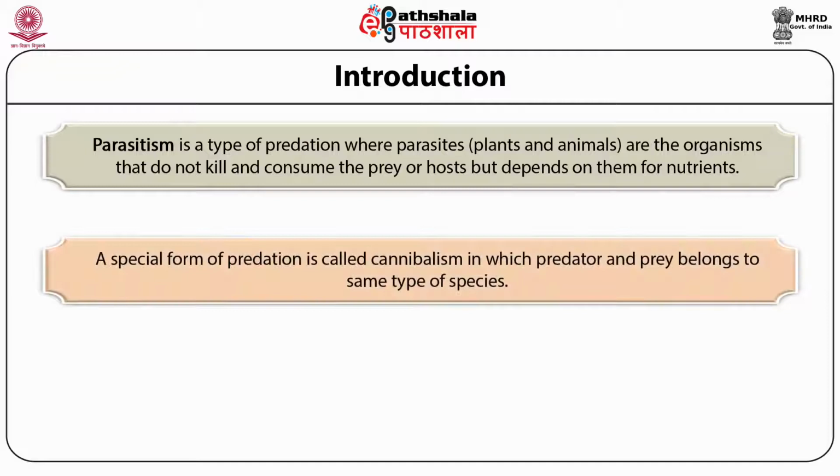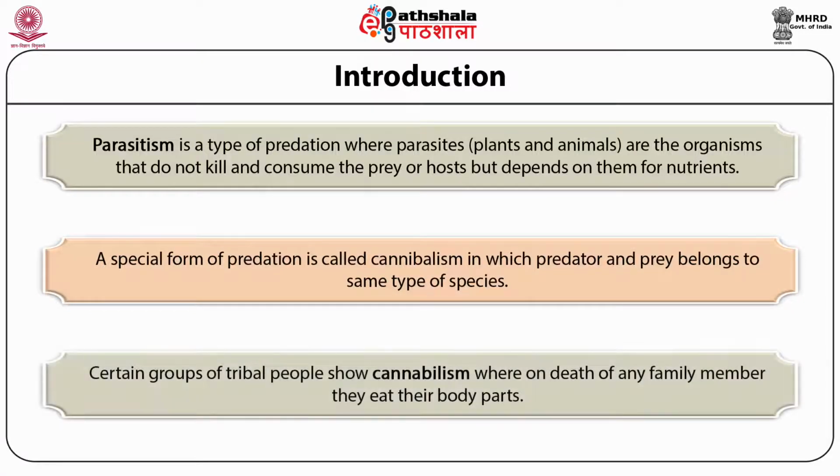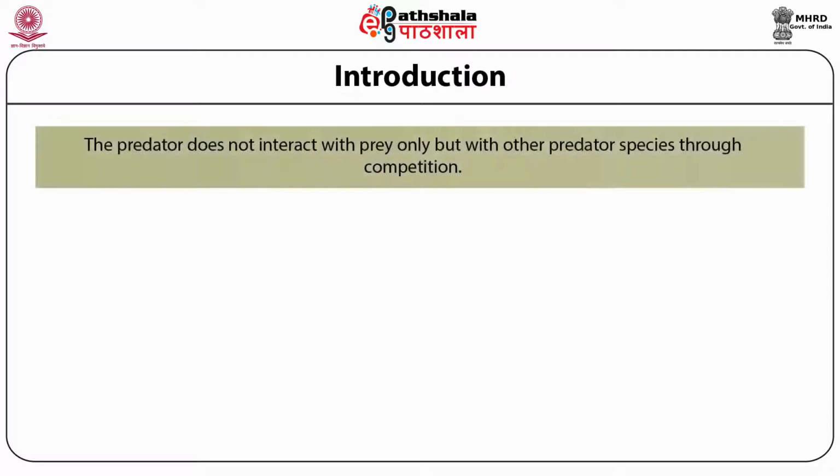A special form of predation is called cannibalism, in which predator and prey belong to the same species. Certain groups of tribal people show cannibalism, where on the death of any family member they eat their body parts. The predator does not interact with prey only but also with other predator species through competition.